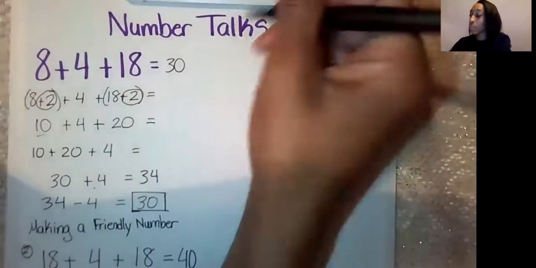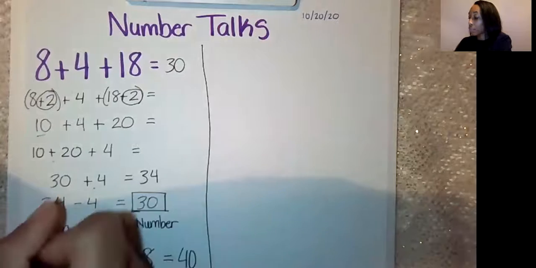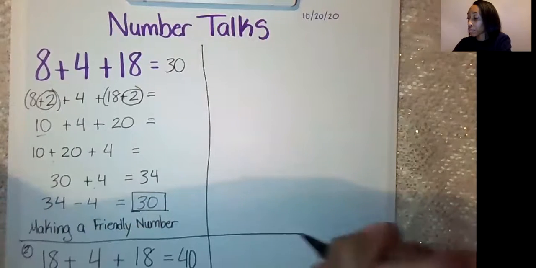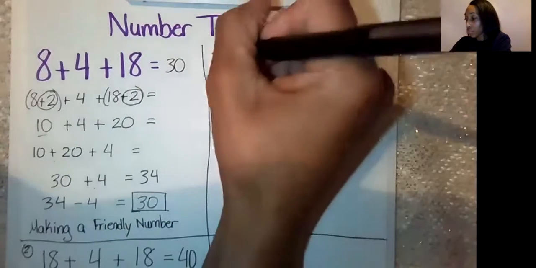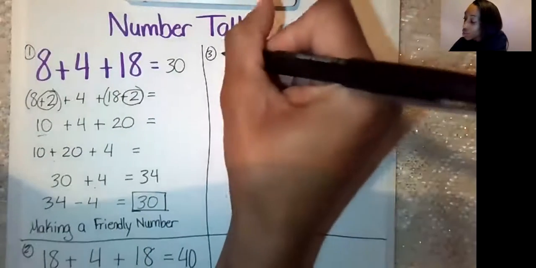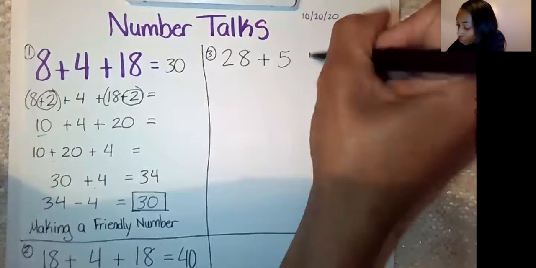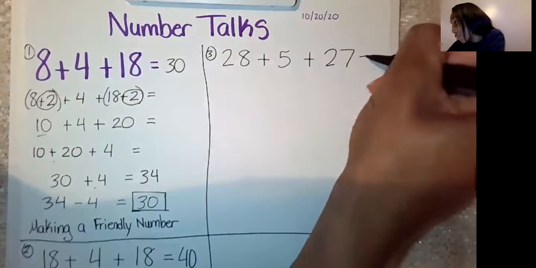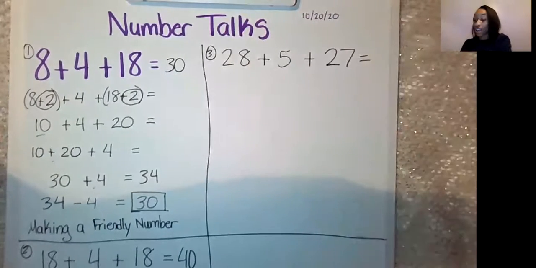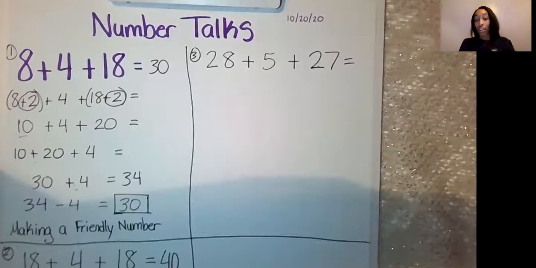Okay, here's number 3. 28 plus 5 plus 27. All right, these addends are getting bigger and bigger.